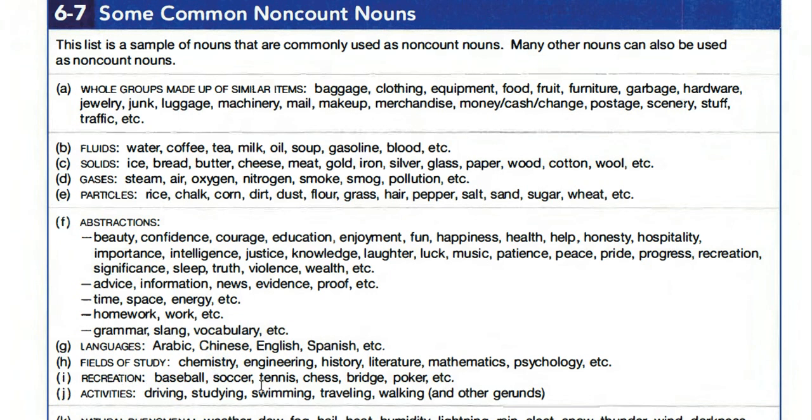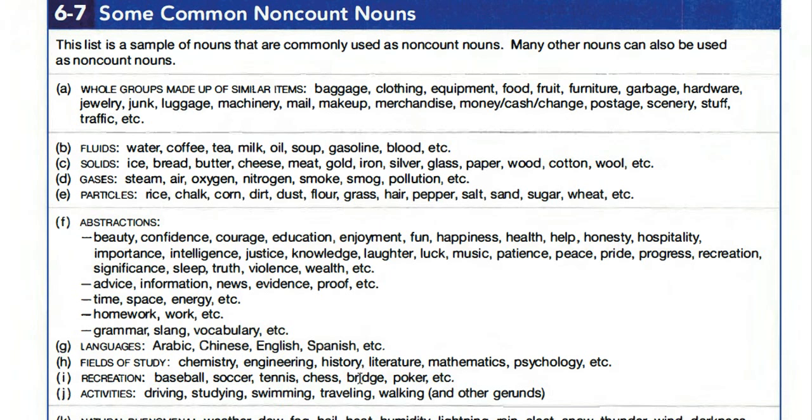recreation. We have baseball, soccer, tennis, chess, bridge, poker. With these examples we have to understand that for some games created in the 20th or 21st century, these words come differently.